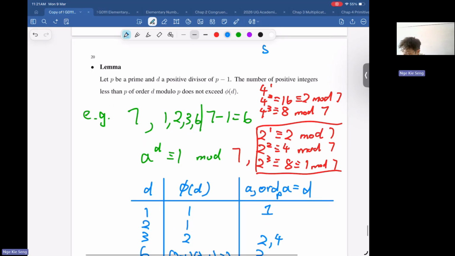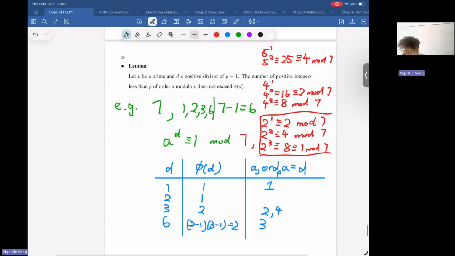And how about 5? 5 to the 1 is 5, 5 squared is 25, which is 4 mod 7, and 5 cubed is 20, which is minus 1 mod 7. So 5 is a primitive root. How about 6? 6 to the 1 is 6, 6 squared is 36, which is 1 mod 7.